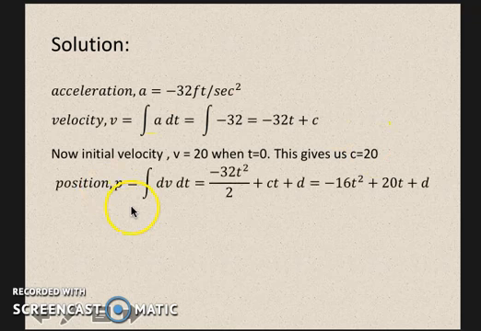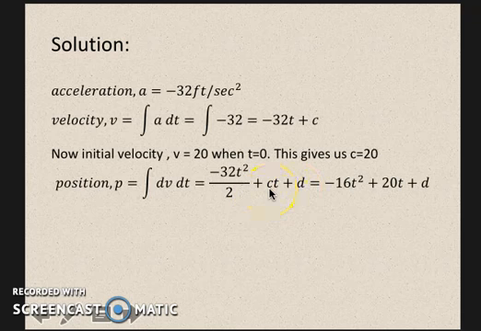Now the position, I'm denoting it as P. So P equals the antiderivative of the velocity. You already have the velocity equation, negative 32t plus 20. So plug that value of c here, and you take the antiderivative of this. You get negative 32t squared over 2 plus ct plus d.